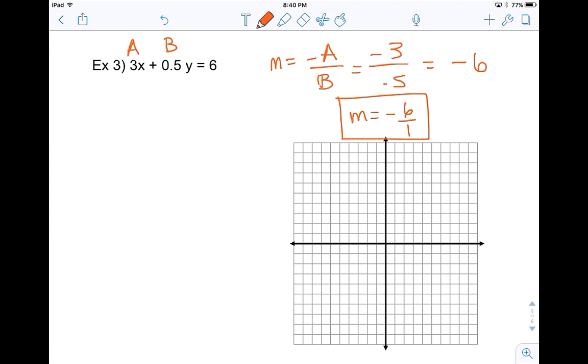But you can also plug that into your calculator, negative 3 divided by 0.5, and you'll see that you also get negative 6 out. Okay. Now let's find our two intercepts. For the x-intercept, this is when we plug in 0 for y. We want to be left with our x variable so that we can solve for it. So we'll have 3x plus 0.5, but for y we're going to plug in 0, equals 6.